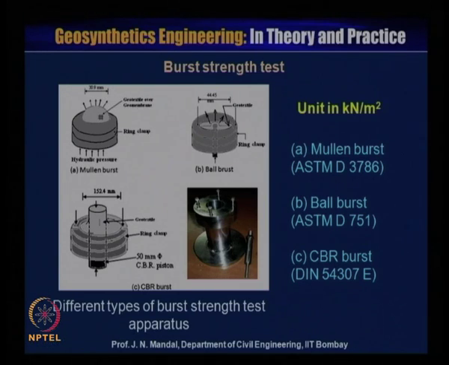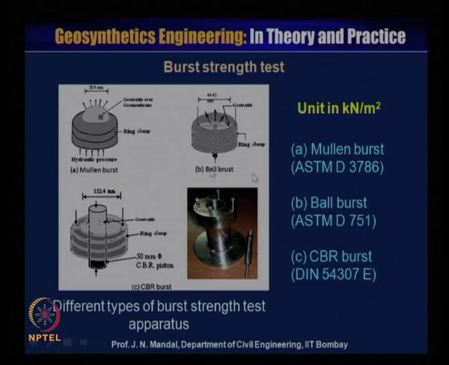Next, the burst strength test. You can see here different types of burst strength test apparatus: Mullen burst strength, ball burst strength, and Severe burst strength. Mullen burst strength as per ASTM D3786, ball burst strength as per ASTM D751, Severe burst strength DIN 54307E.